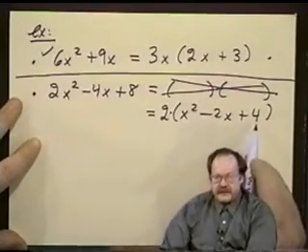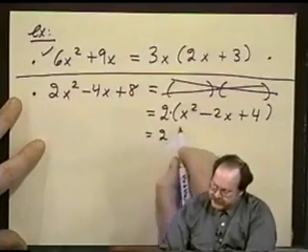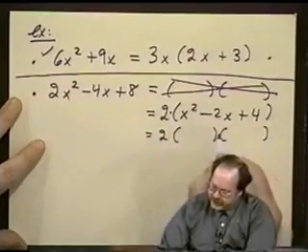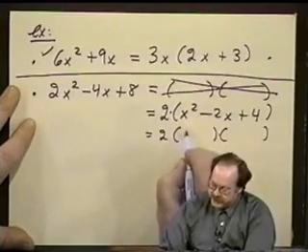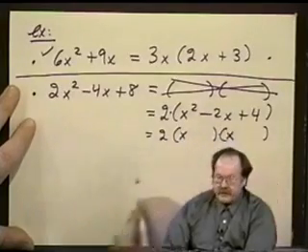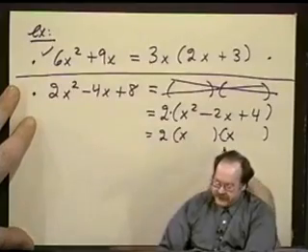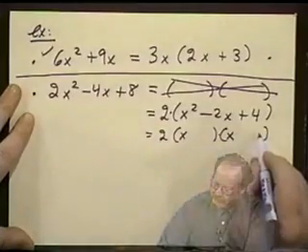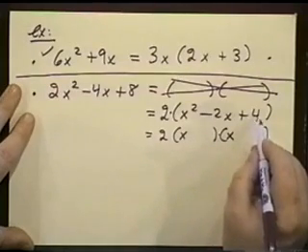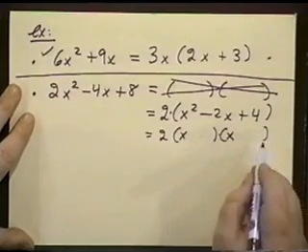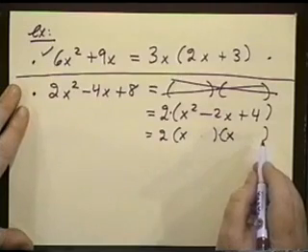Okay, now I look at this. That has no common factor, so now yes, that will turn into a binomial times a binomial. And I can make some judicious guesses. I expect there'll be an x there and an x there. And if I want to fool around, I can try a 1 and a 4 to multiply out to be 4. I can try a 2 and a 2. Those are the only nice numbers that are going to work right now.